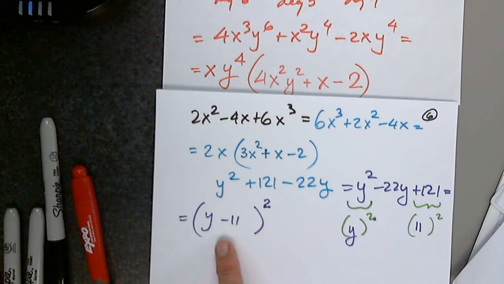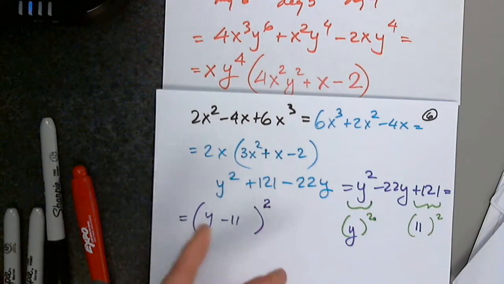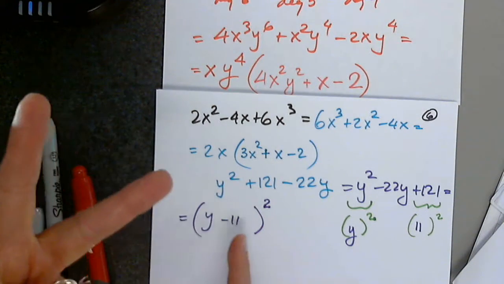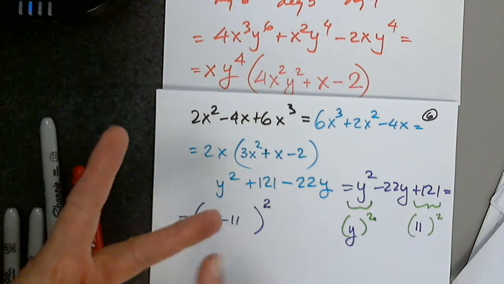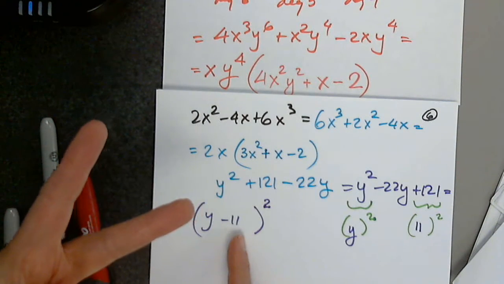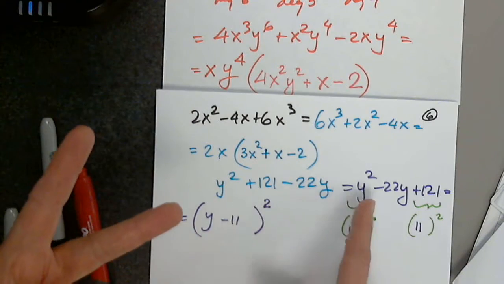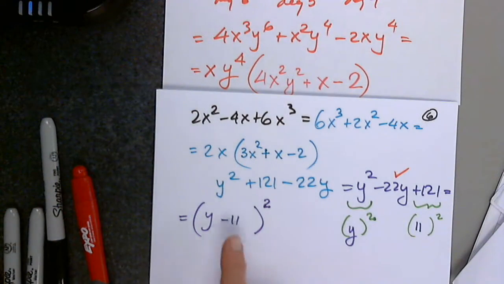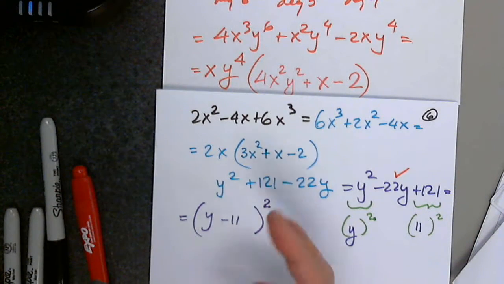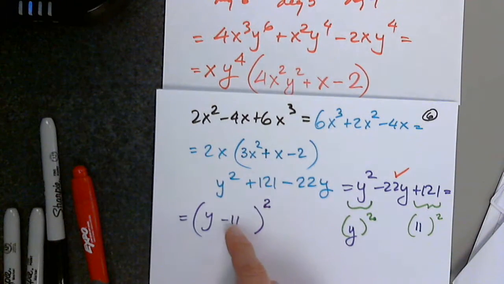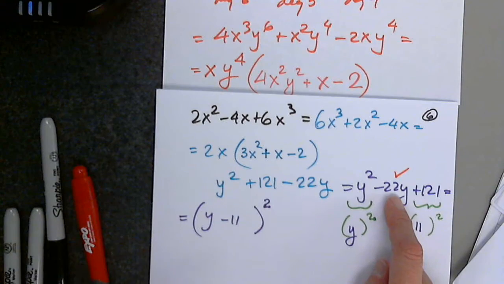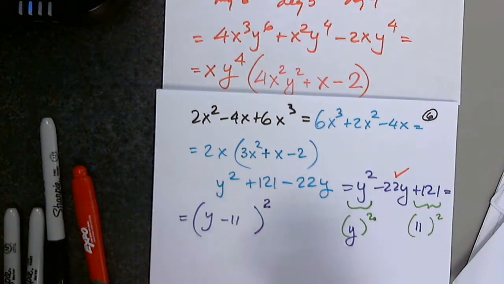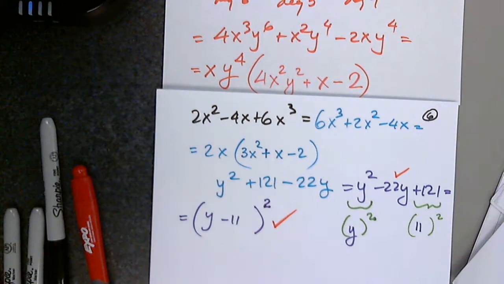Because we've been talking about this for more than 2 months. 2 times the first times the second, or 2 times the second times the first. 2 times 11 is 22, 22y, minus, minus. Are these the same? If I were to expand this into 3 terms, will the middle term here be negative 22y? 2 times y times 11, negative 22y. So then I know this is it.